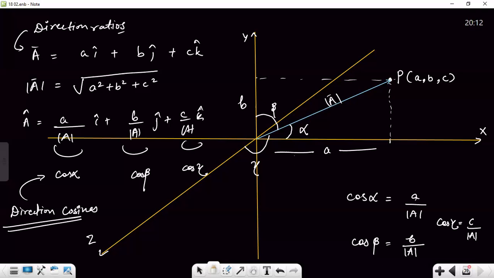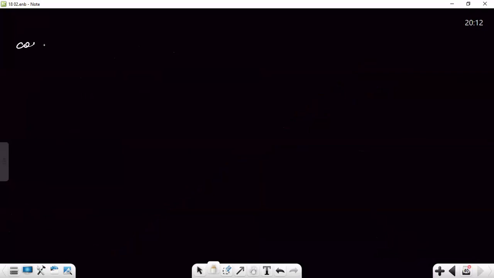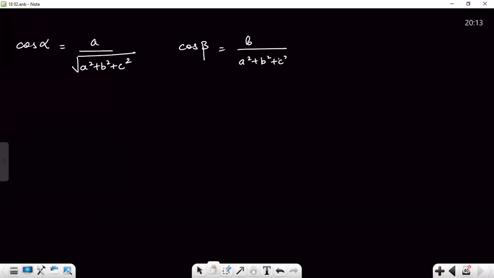Okay, so let's rewrite. Modulus of a was the square root of a square plus b square plus c square. Cosine of beta is b divided by the square root of a square plus b square plus c square. Cosine of gamma is c divided by the square root of a square plus b square plus c square.